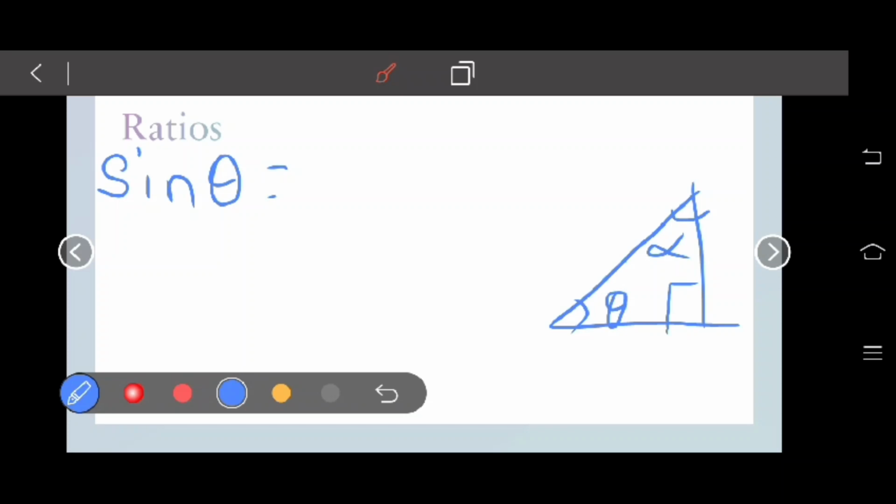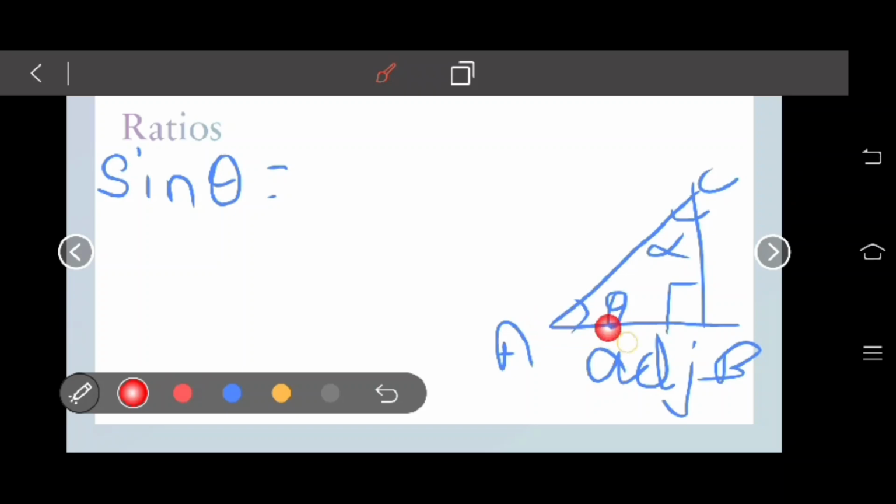Let's name it A, B and C. This AB is called the adjacent. This is adjacent to theta, because theta is lying here. So the line adjacent to that theta is known as the adjacent.